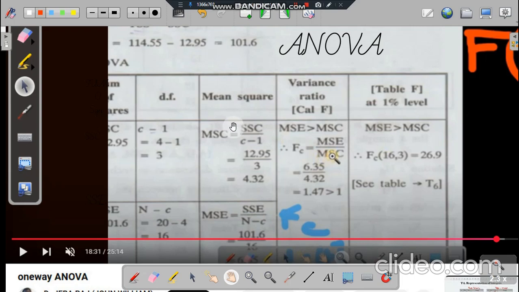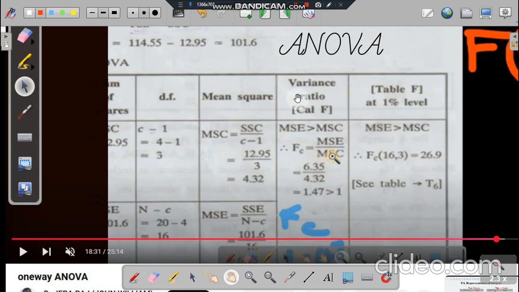The sum of squares column wise is 12.95, and C minus 1 is 3. If you divide 12.95 by 3, we will get 4.32. Now MSC we have found out.